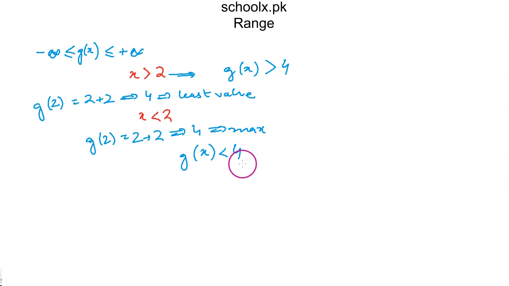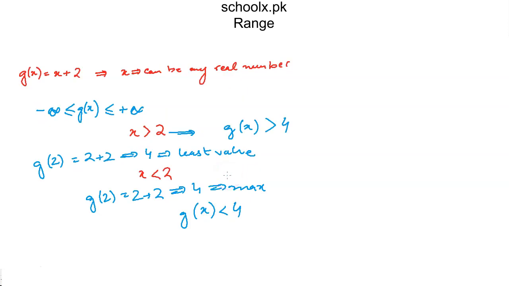Now what if they would have given us a range for the input? Range is the span of the values. Our domain would have been, let's say, x from 1 till 10.